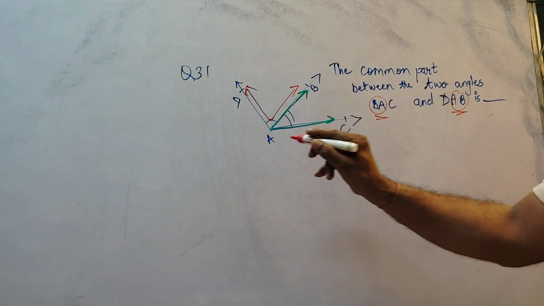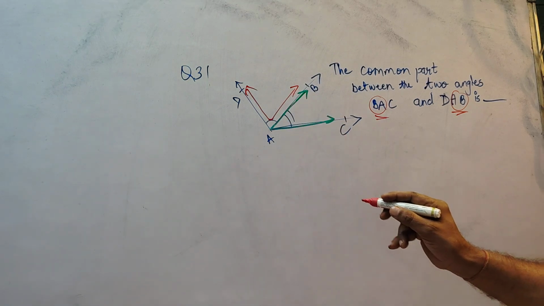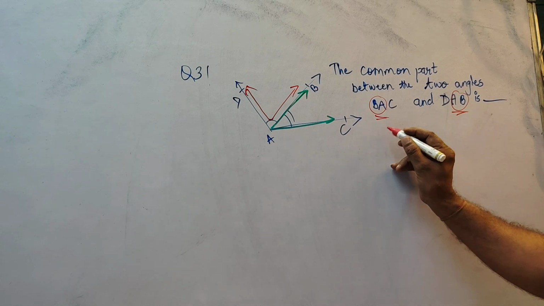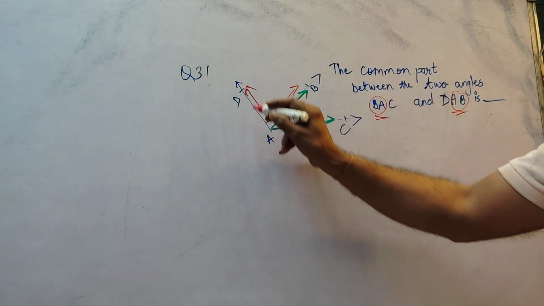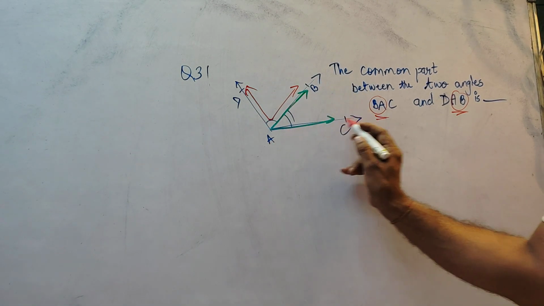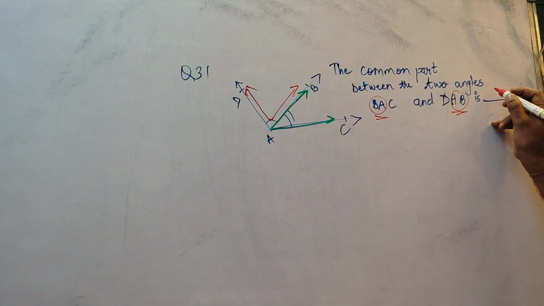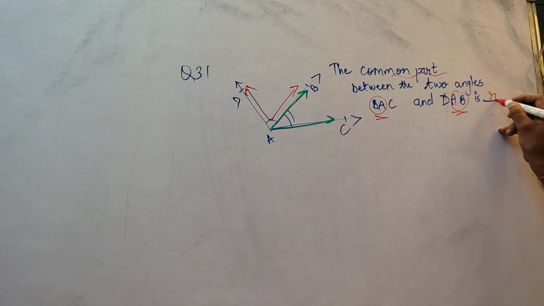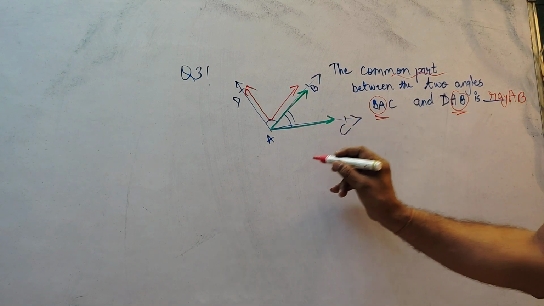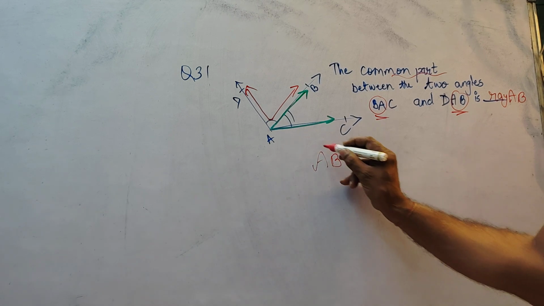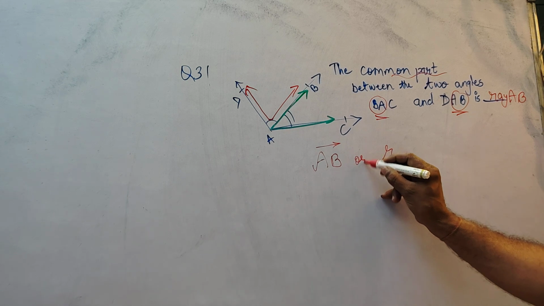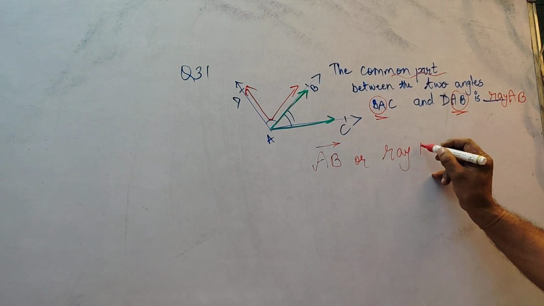So ray AB is coming in both angles, angle DAB as well as angle CAB. So AB is the common part between the two angles. Here we write ray because this is a ray, not AB only. Ray AB can also be written as A to B, or we can write ray AB. Both ways are correct.